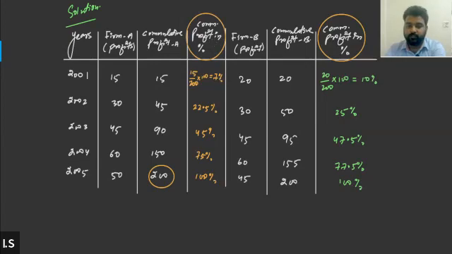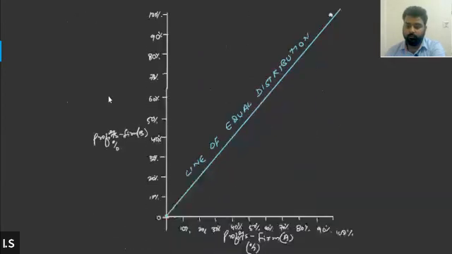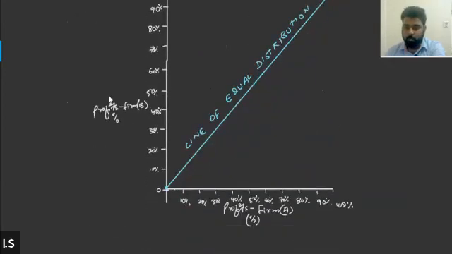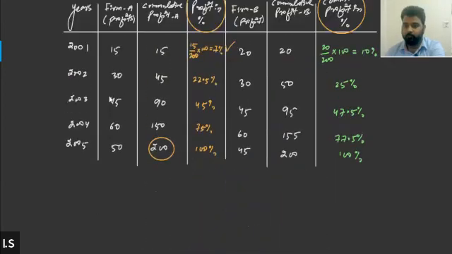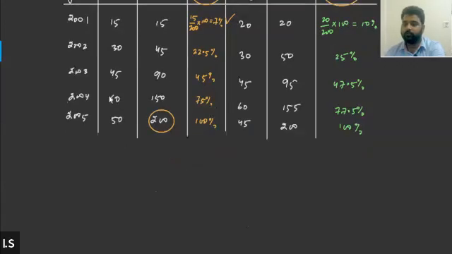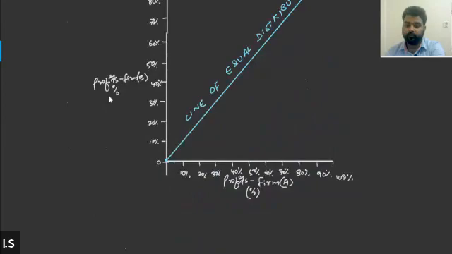Percentage of profit generated by firm A. So in 2001, we have this 7% here, and we have here 10%. So what we will be doing, we'll go to the 7% and 10%. No, 7 and 10.